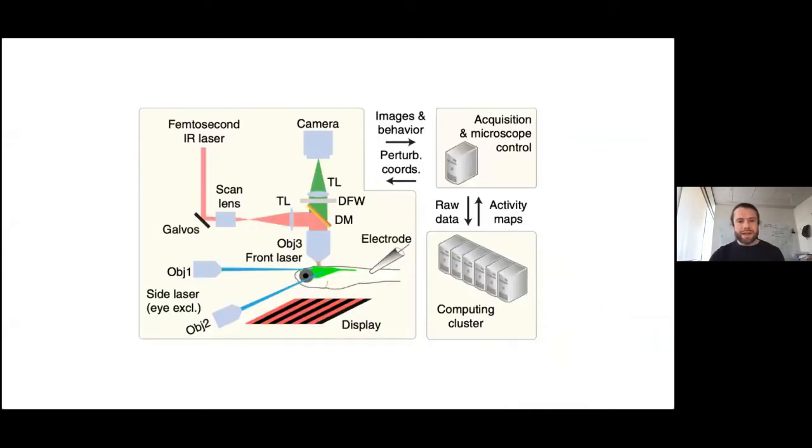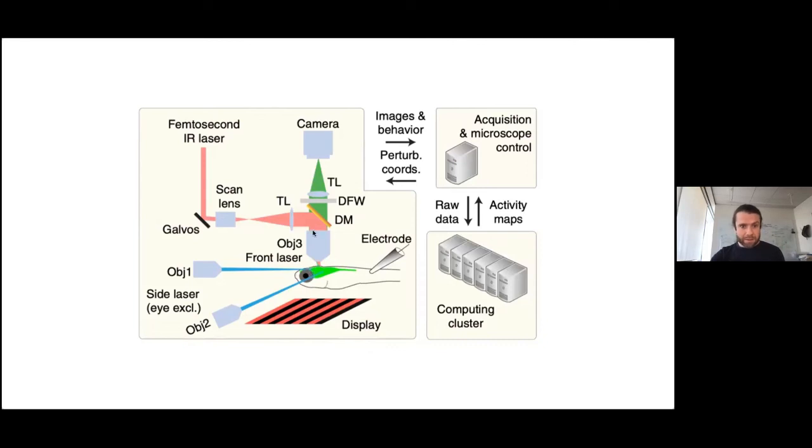For this, you need to analyze whole brain activity on the fly. So we combined a light sheet microscope, represented here by this vertical pathway and these two horizontal pathways, but also added a system for 2-photon ablation and stimulation.